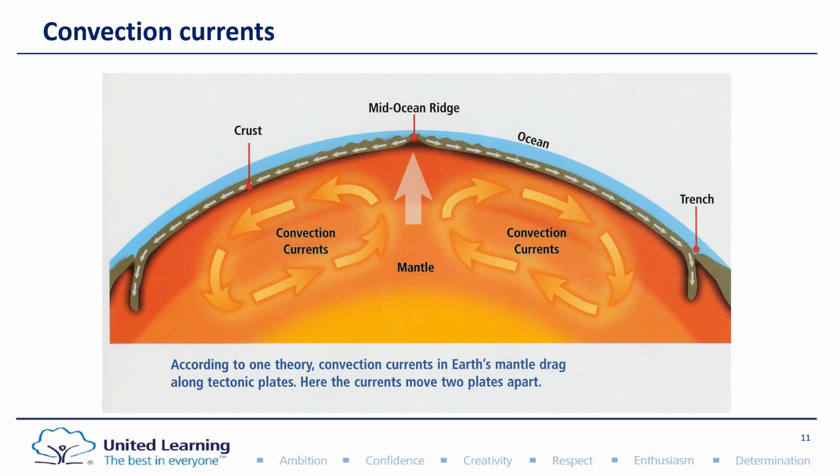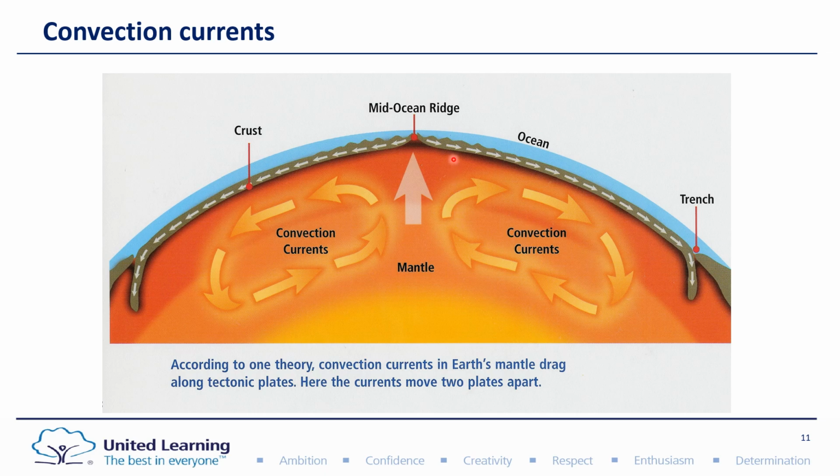So, understanding this next image is crucial to understanding why the tectonic plates, which is the crust, move. These are convection currents, and what we have are these convection currents which are found here in the mantle. Okay, in the mantle, temperatures are really, really hot, and what happens is the warm magma rises up through the mantle.